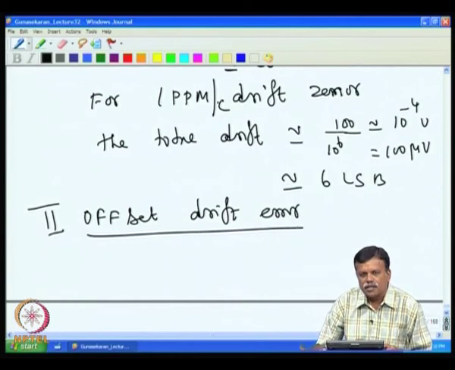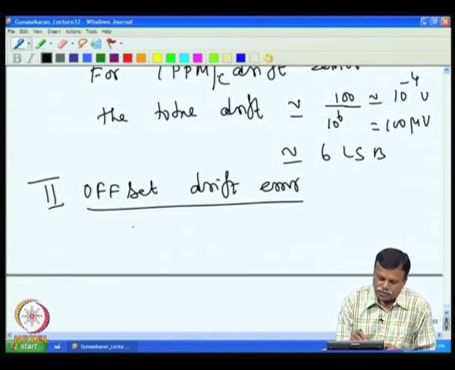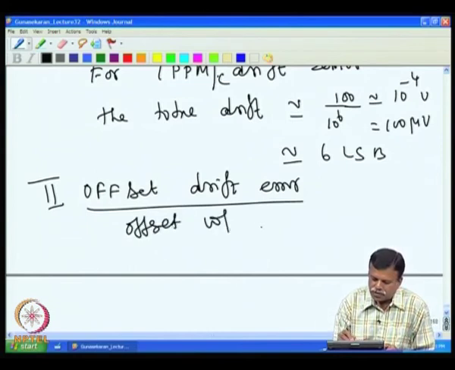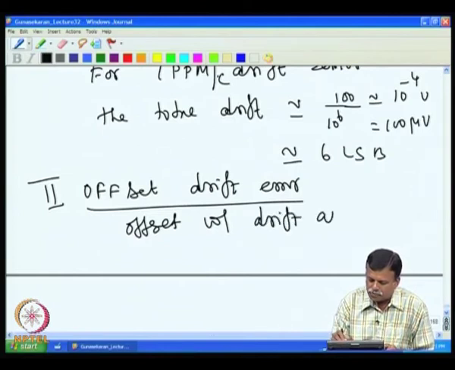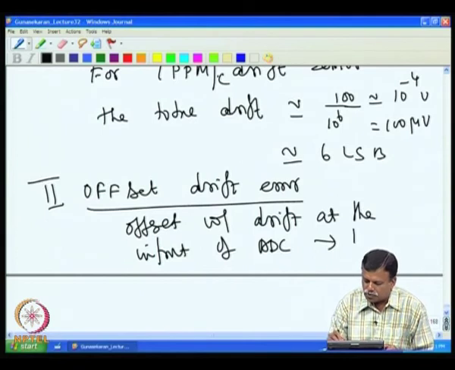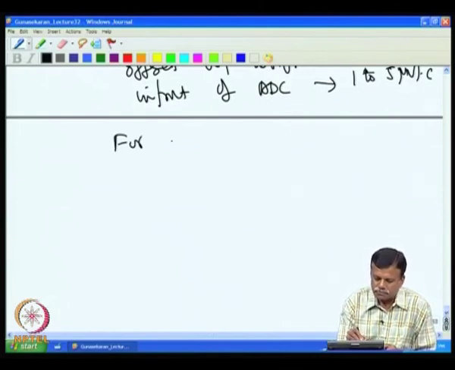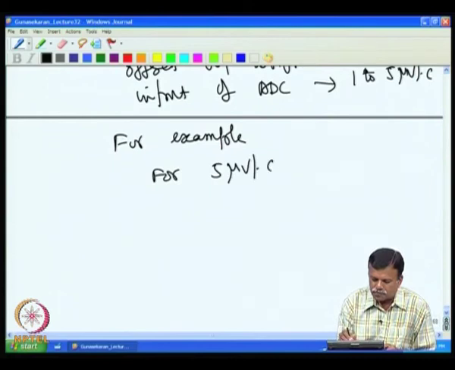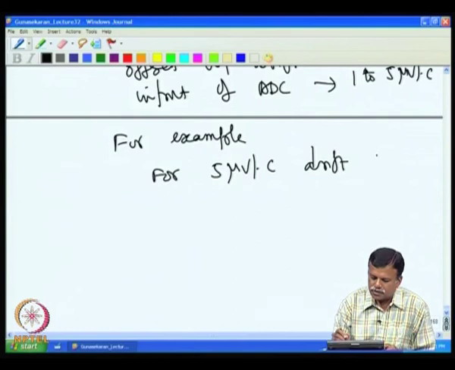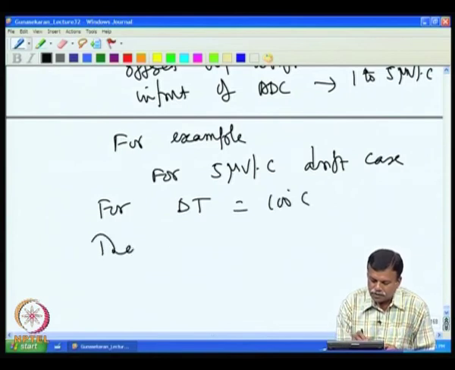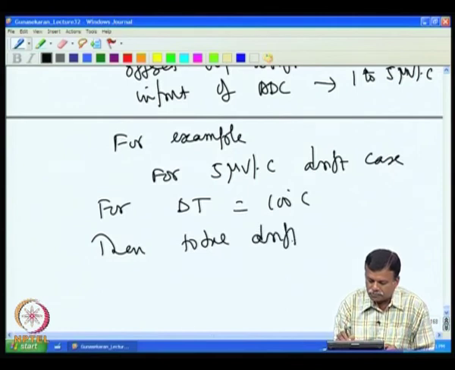Offset drift is given in terms of microvolt at the input of the ADC, typically 1 to 5 microvolt per degree C. So, if it is 5 microvolt per degree C drift, for delta T equal to 100 degree C, then the total drift is 500 microvolt.